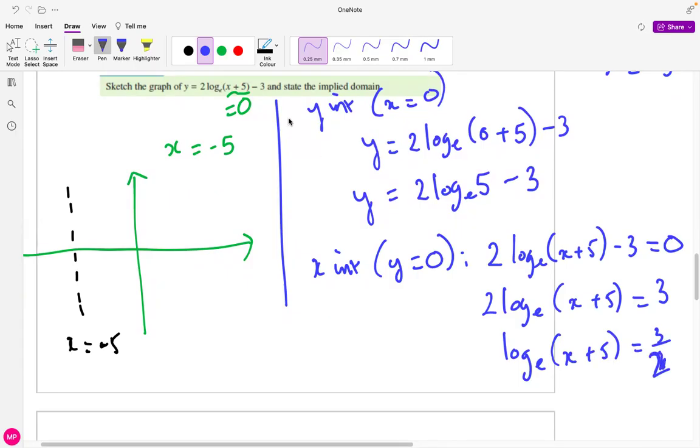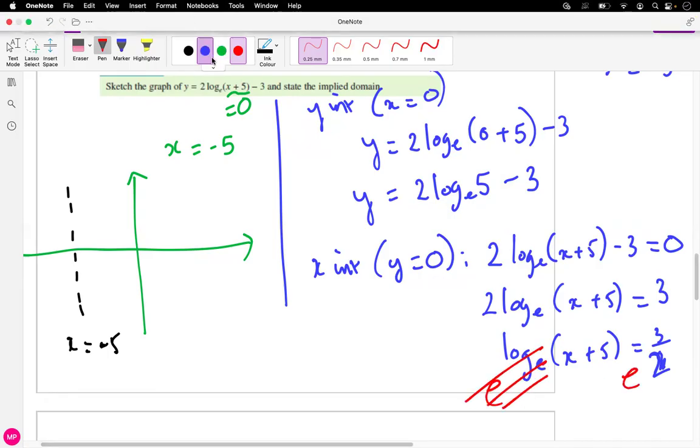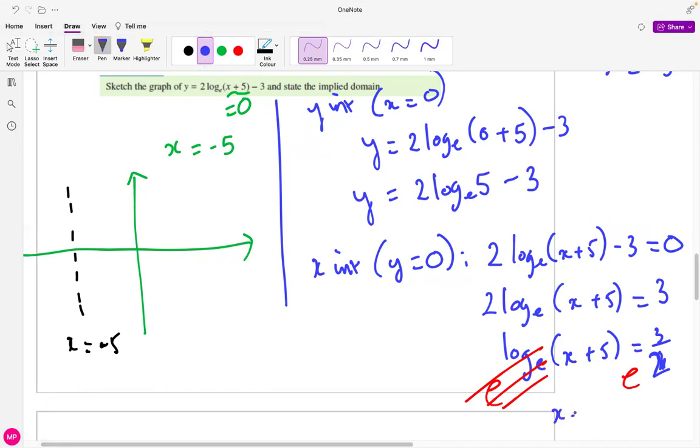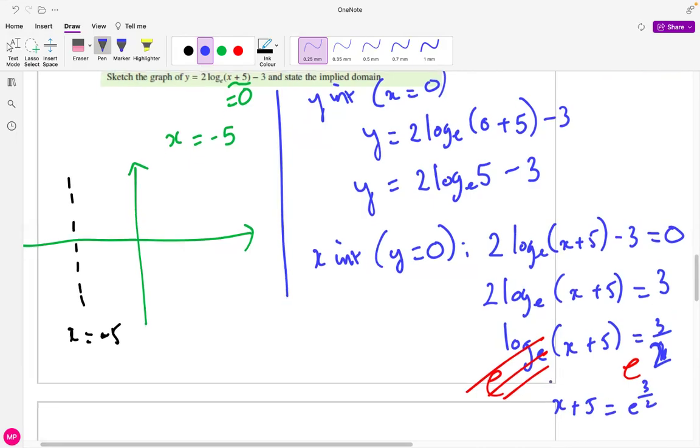Then you need to get rid of log a, and the opposite of log a is the exponential. So a is the base. You would have x plus 5 equal a to the power of 3 over 2. And then you bring the 5 over, you do minus 5 on this side. So x equals that.